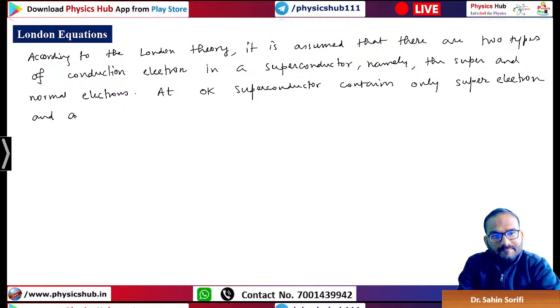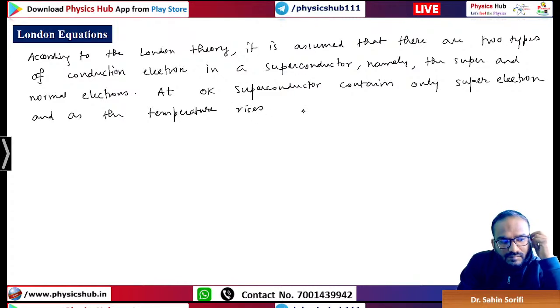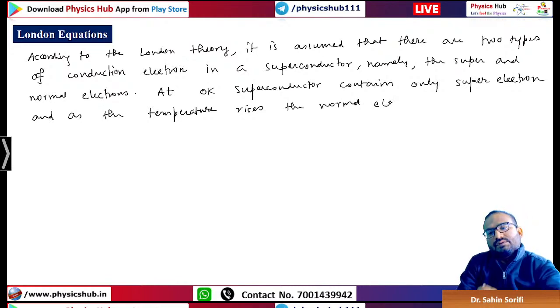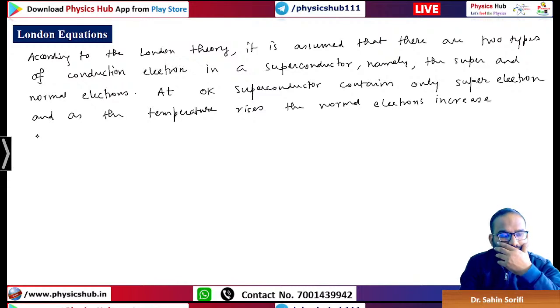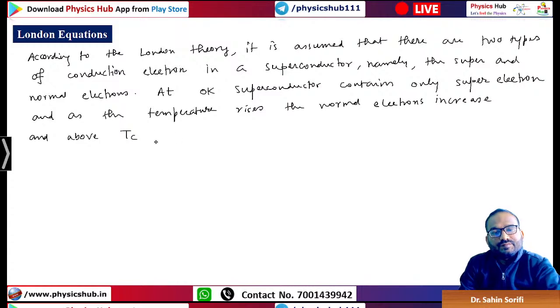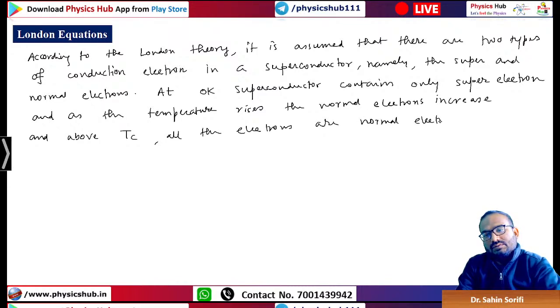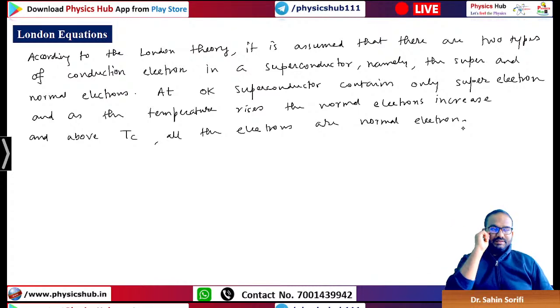And as the temperature rises, the normal electrons increase, and above Tc, all the electrons are normal electrons. This is quite a straightforward, logical thing.